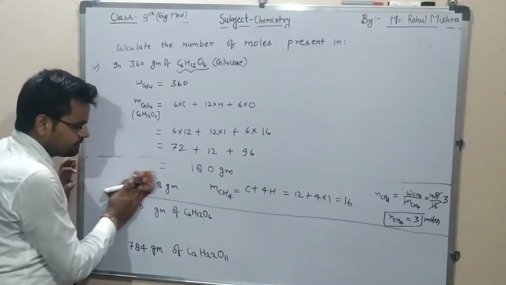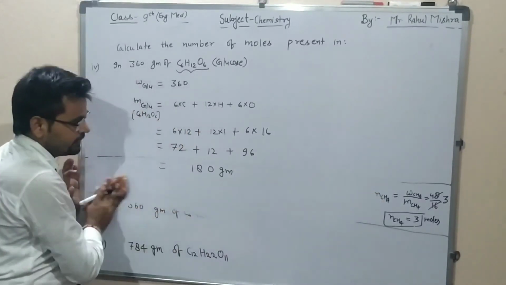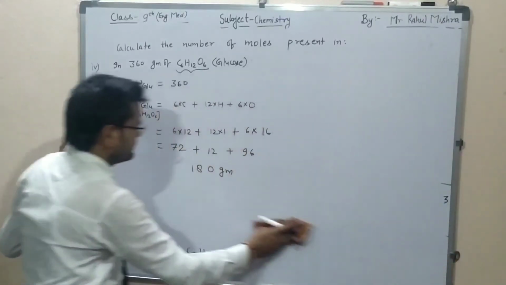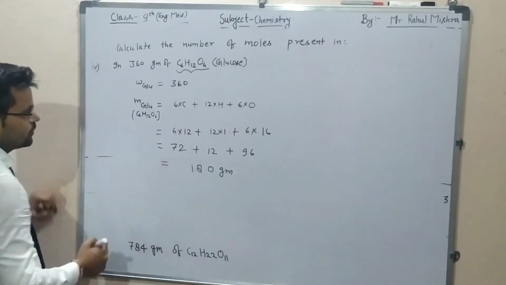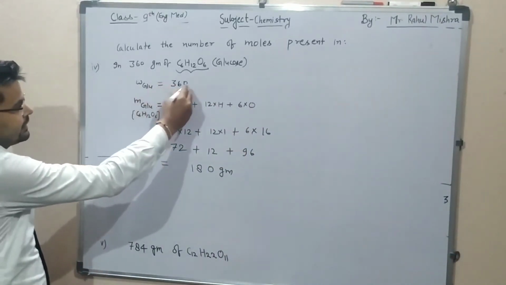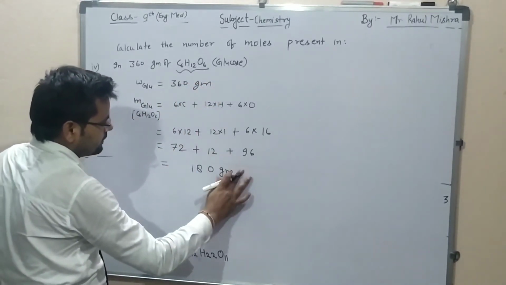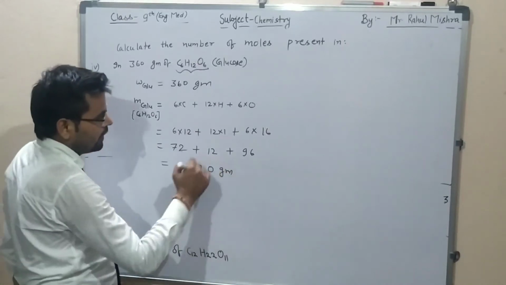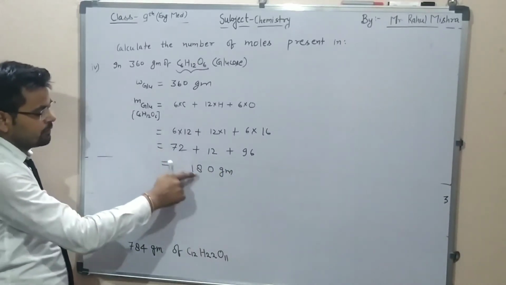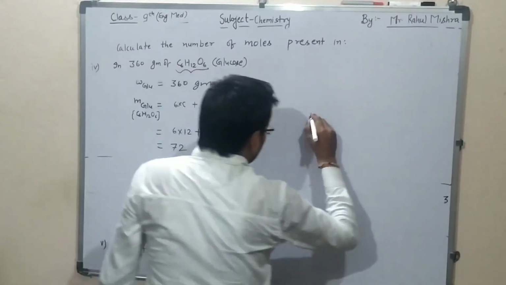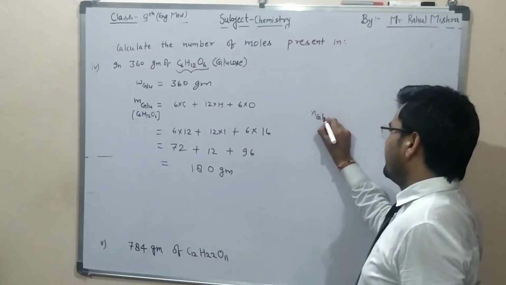Now listen. So the given mass of glucose is 360 gram and the molecular mass of glucose is 180 gram. So always remember the molecular mass of glucose is 180 gram. Now we calculate the number of moles of glucose.